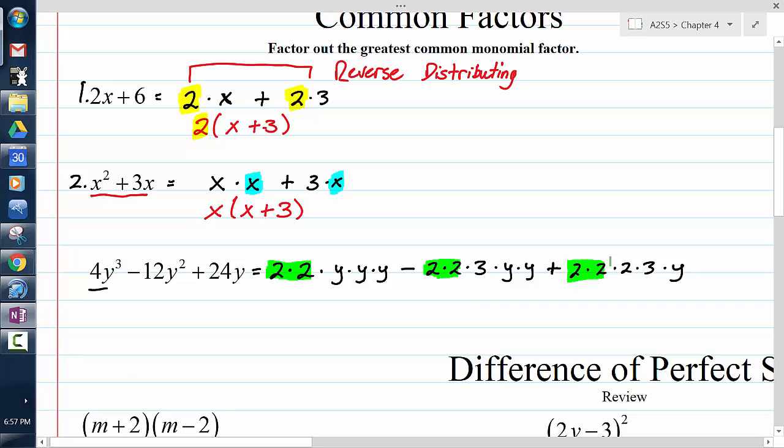The next thing that they have in common is, how many y's? I see one y. Notice they each have at least one y, not any more, not any less than that. They all have a y in common, right? So they have 2's in common, and they have those y's in common.